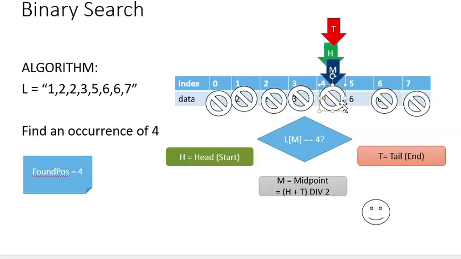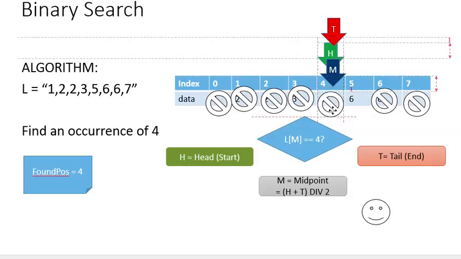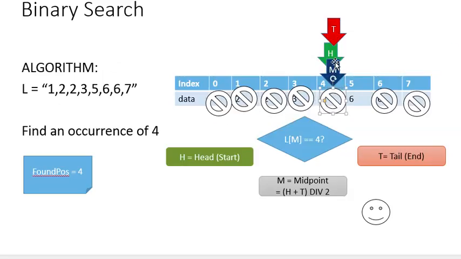And the algorithm would basically say, okay, I've just looked at a 5, so I know that the 5 is bigger than what I'm looking for, so I can move the tail one to the left of the midpoint of where I've just searched. And you can see what has happened now.